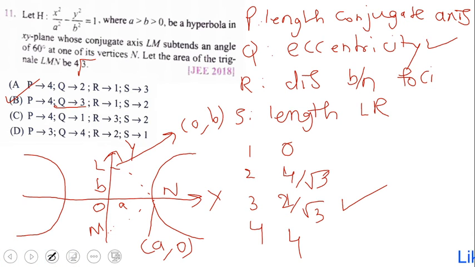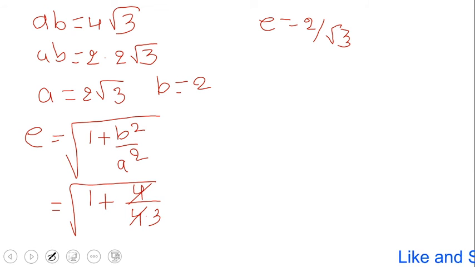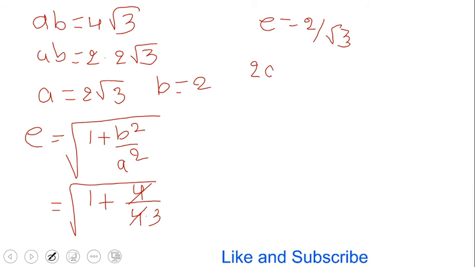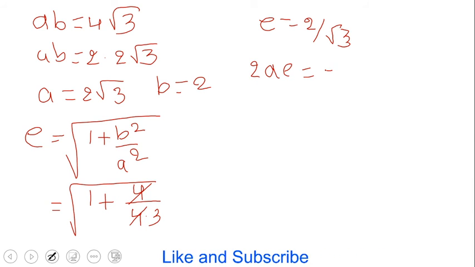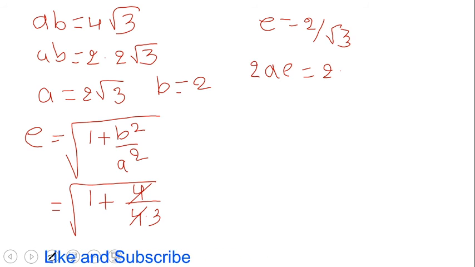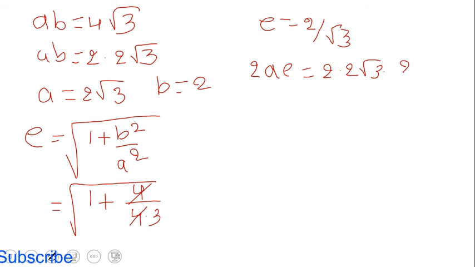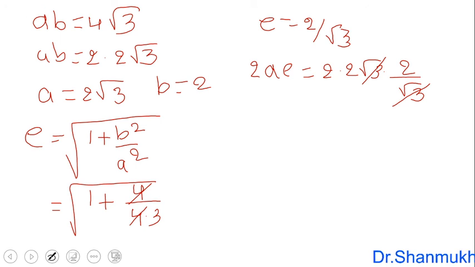Next we will find the length of a latus rectum. After that, 2AE will calculate the distance between the foci. So 2 as it is. Then A is 2 root 3, E is 2 by root 3. Root 3 gets cancelled, 2 times 2 is 4, 4 times 2 is 8, we are going to get it.